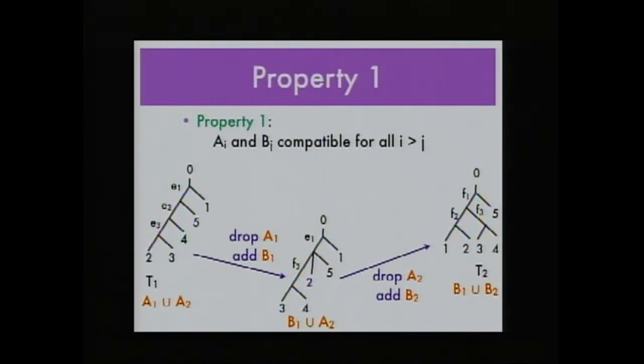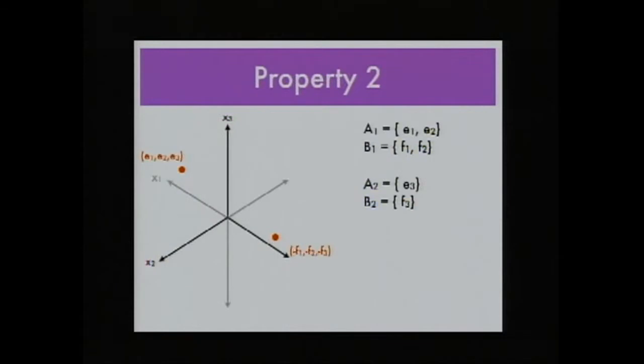If those all actually exist in the same tree, that just means those A sets and B sets have to be compatible, because that's what it means for them to exist in the same tree. So that's just property 1. It's a combinatorial condition on the trees. It's talking about their combinatorics.